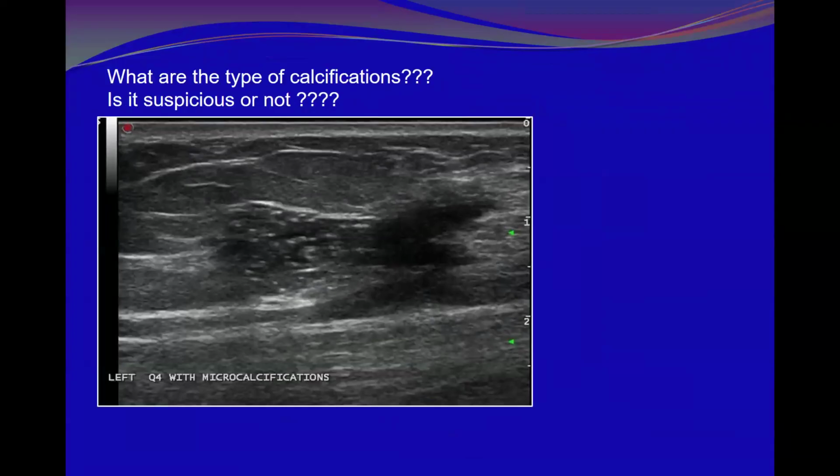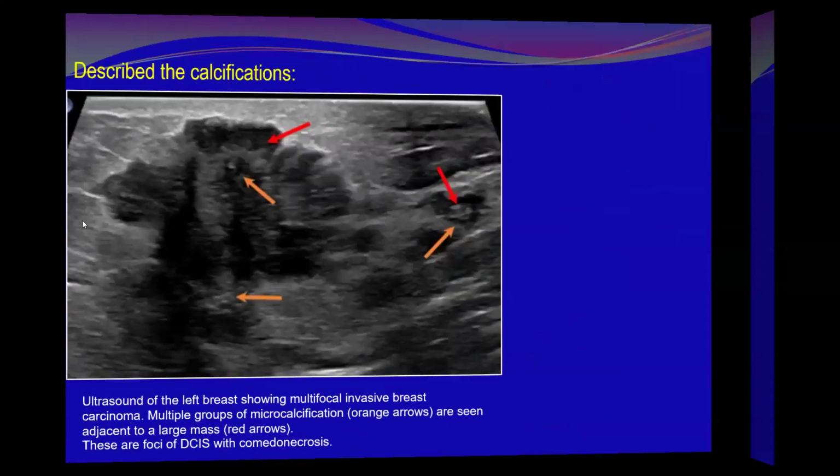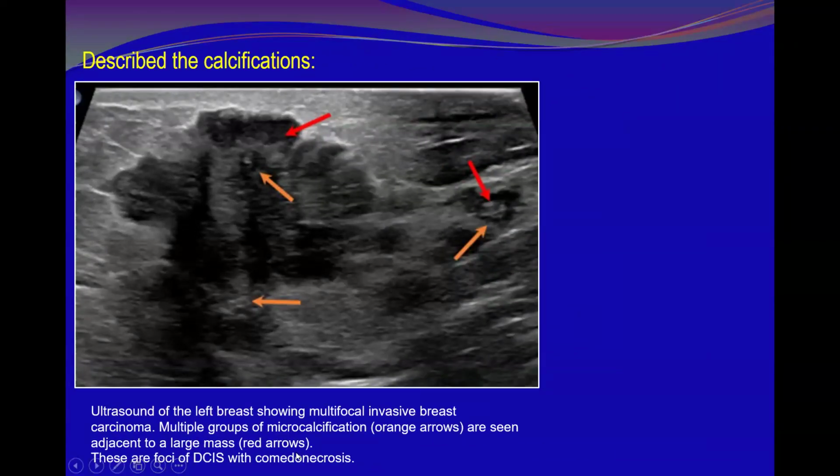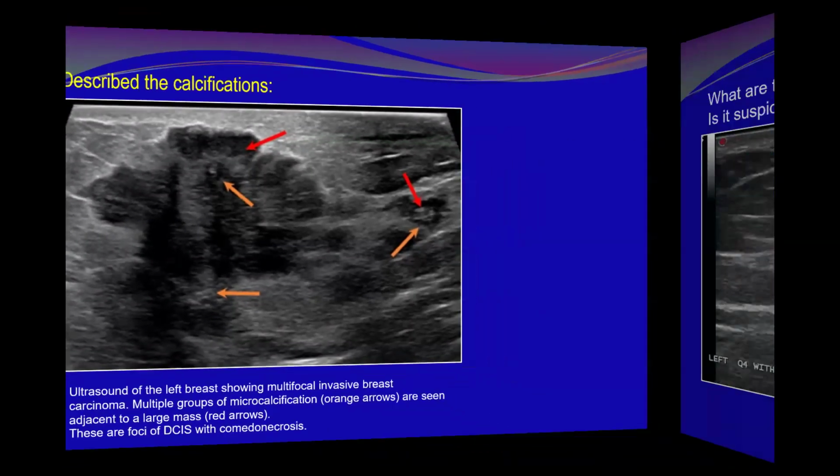Can I ask you here, is it suspicious or not? Before you know the pathology, this calcification is suspicious because it is associated with a suspicious mass. It's suspicious because it is related to a suspicious mass.